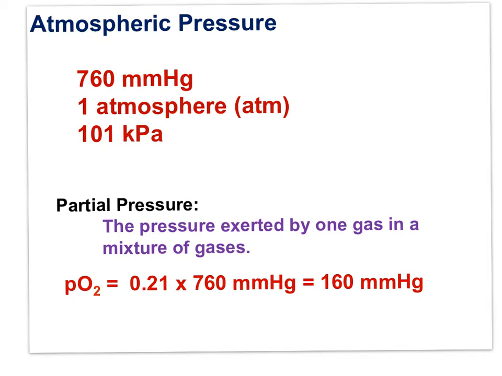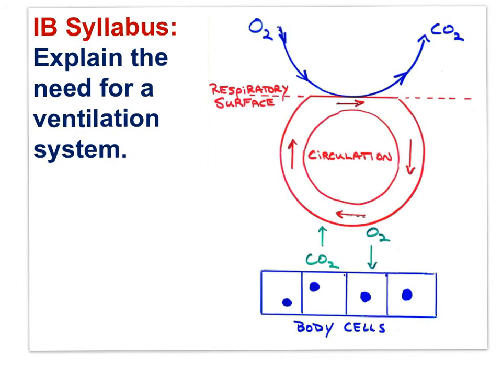I'm providing this background so that you can understand pressure values that I present later in this movie. The ventilation system brings air to the lung surface, where oxygen would diffuse into the blood and carbon dioxide would diffuse out so that it could be exhaled. The diffusion of oxygen into the blood and carbon dioxide out of the blood is called gas exchange.